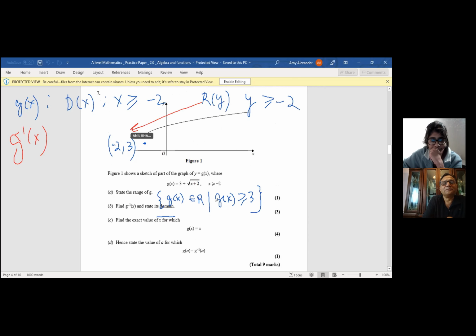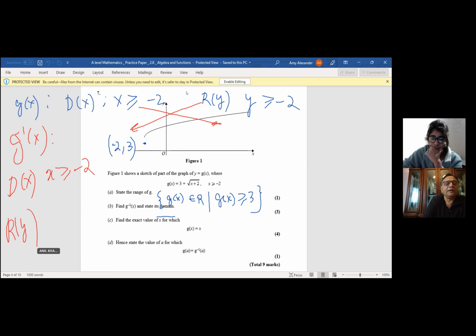So the domain for this will be x greater than or equal to minus 2. Sorry, this was 3. y was greater than or equal to 3, right? Sorry.